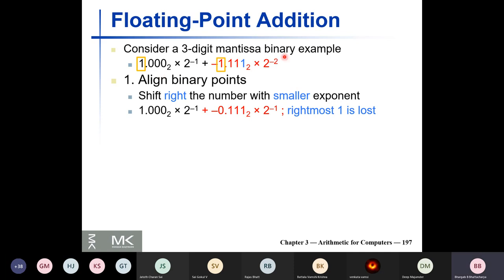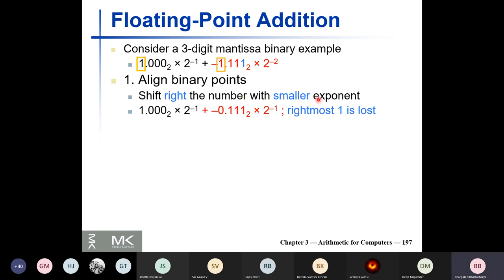So therefore, since this is the smaller exponent, I'm going to make it equal to this one. And in order to do that, since the exponent is being increased from -2 to -1, this number has to be reduced. And that's why this binary point should be shifted here. In other words, the string should be shifted right 1 bit.